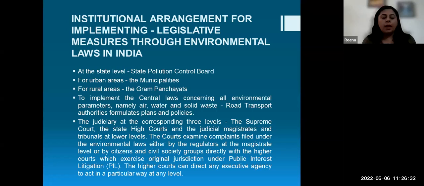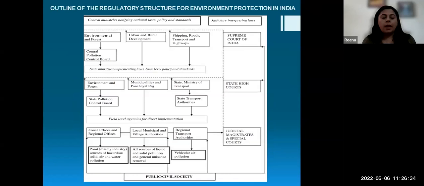Okay, so basically this is the outline of how environmental governance and implementation cover various laws and acts in our country. We have the central ministry notifying national laws, policies and standards, and we have judicial interpreting. Then the Ministry of Environment and Forest, which is now known as the Ministry of Environment, Forest and Climate Change.